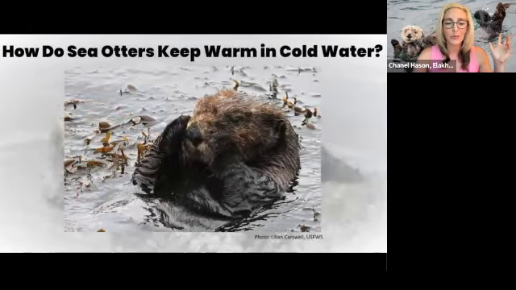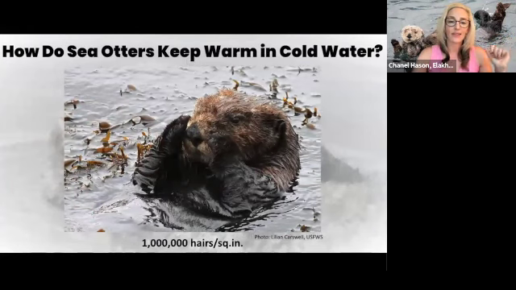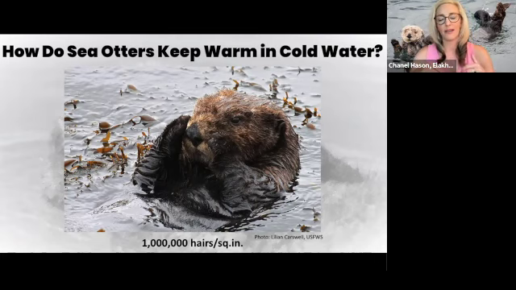So how do they keep warm? As you probably know, they have about a million hairs per square inch. So their fur is incredibly dense, which is how they keep warm. They actually have 2 sets of fur. They have an outer guard hair, which is about 1 3/4 or 1 1/3 inches long.